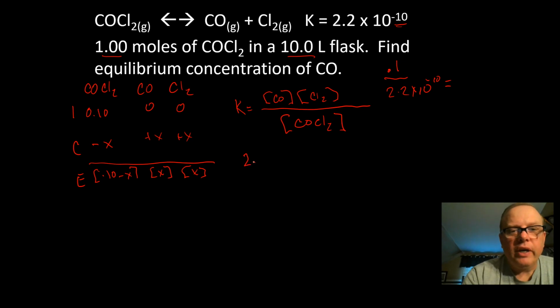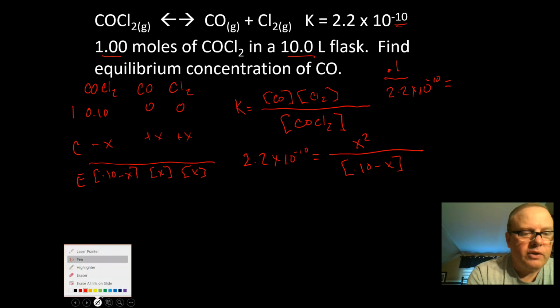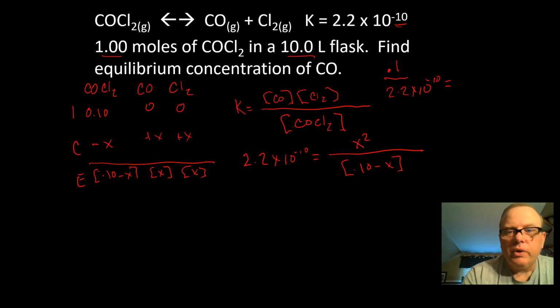So we have K at 2.2 times 10 to the negative 10. And that will now be equal to, on the top here, x squared over this 0.10 minus x. And this is where we are going to approximate. So we're going to approximate this thing, and it's going to let us work a little bit faster. So I'm going to take this value here, and I'm just going to ignore it like it doesn't exist. We're going to approximate it out.